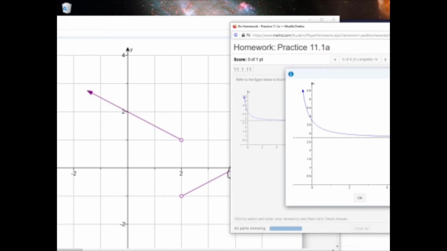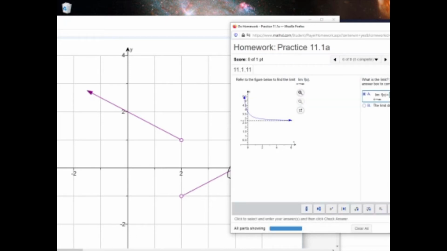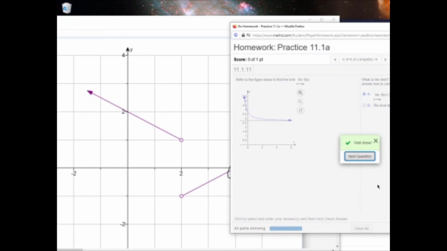It's getting forever closer to this dotted line. And they're making this dotted line to be 2.75. And so that is the limit. So as x gets forever larger, this function is getting forever closer to 2.75.